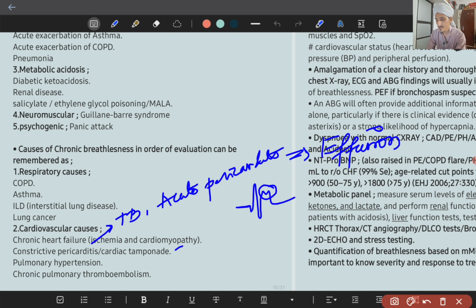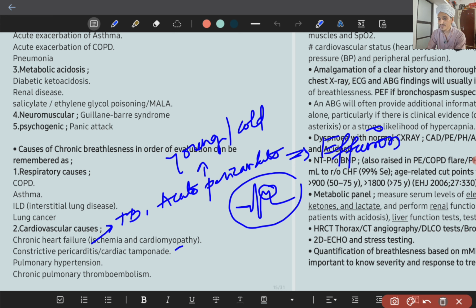But in pericarditis, this will be the picture in almost all of the leads. And in acute pericarditis, the patient will typically be young, and there will be a prodromal history of cold. Viral pericarditis.